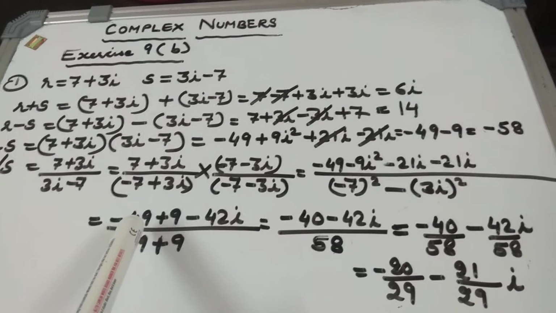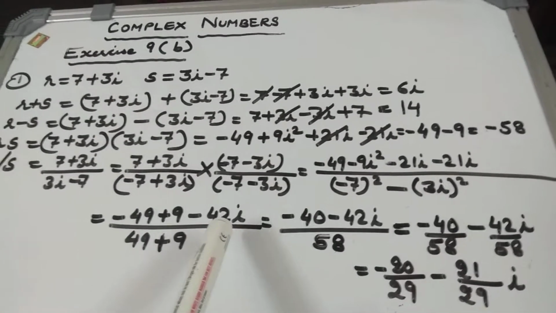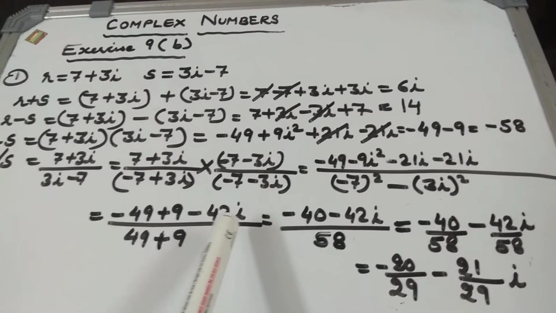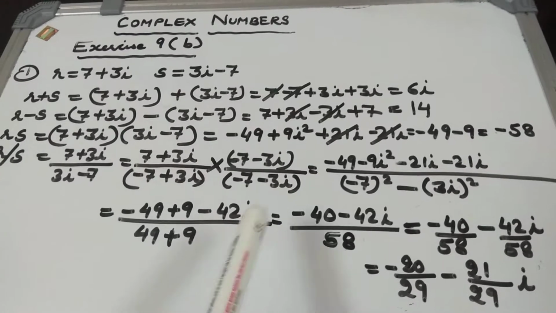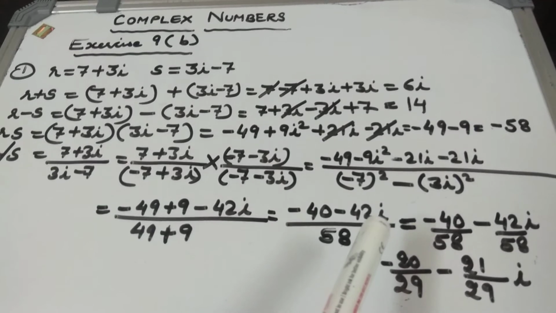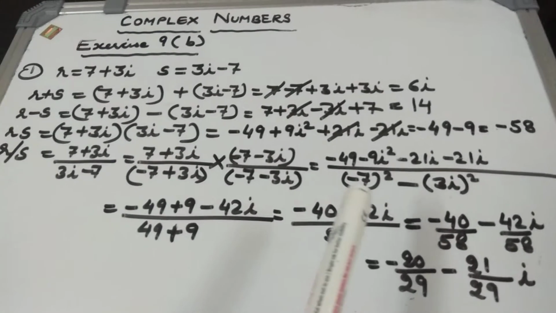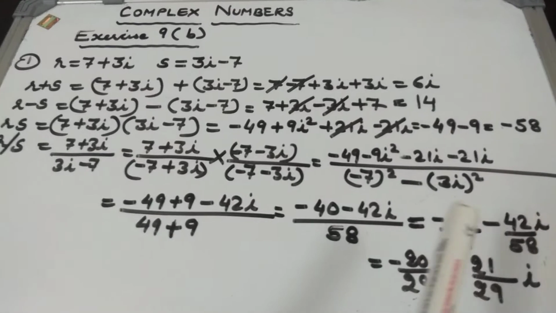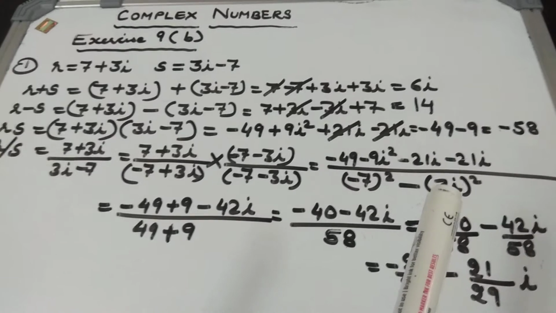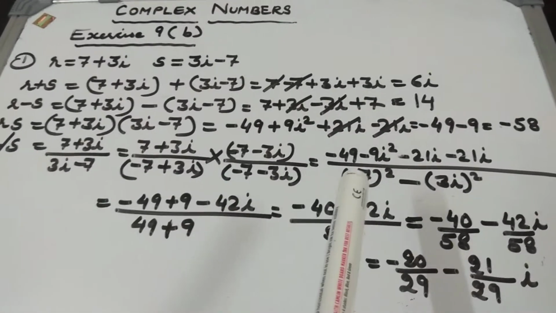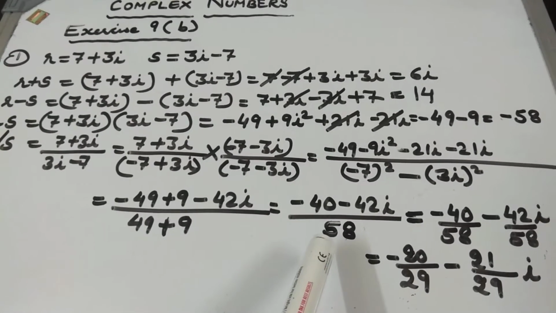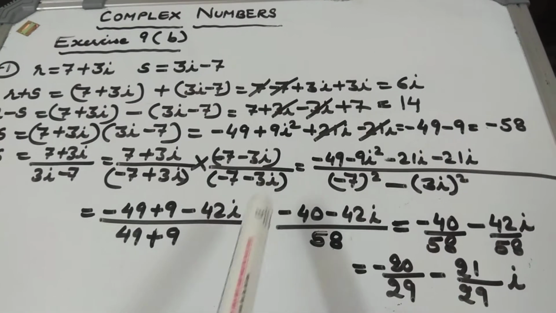The first term in the numerator is minus 49 plus 9, and the other two terms, minus 21i and minus 21i, could be added here, so that becomes minus 42i. So the numerator is now minus 40 minus 42i. And what about the denominator? Minus 7 square is 49 and (3i) square will be 9i square. i square is minus 1, so minus 9, and the minus sign is already outside the bracket, so plus 9. Hence 49 plus 9 becomes 58. Hence this is your complete simplification.